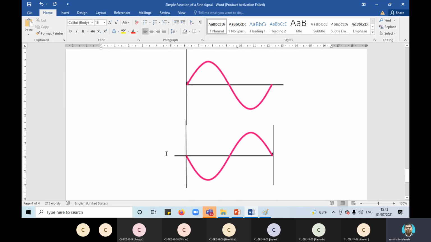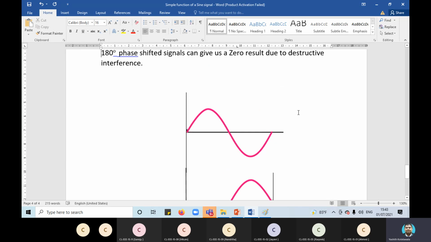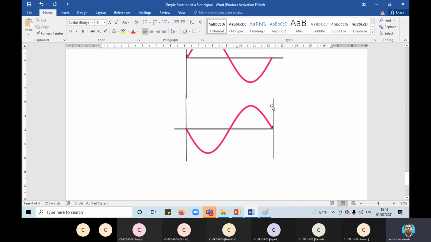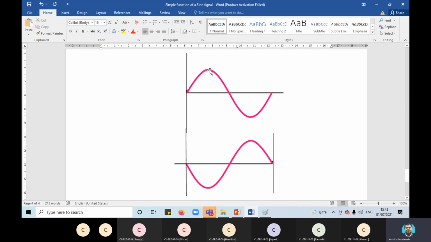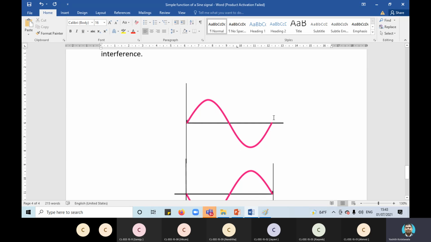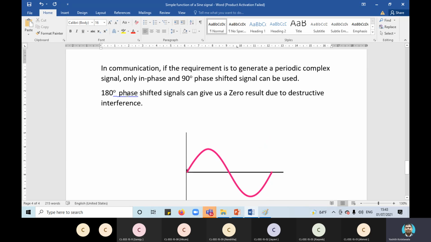You saw that, right? See, destructive interference. So the end result is 0 all the time. At every time instant, what you get is a negative voltage and the same value positive voltage. It is going to be cancelled and give a result of 0. Okay.